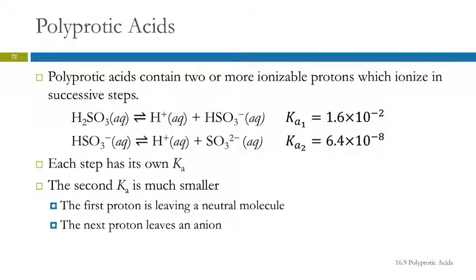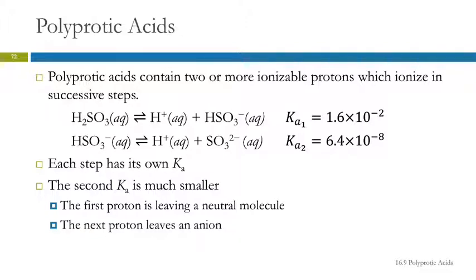Small. And then removing the second hydrogen ion has a Ka of 6.8 times 10 to the minus 8, which is much, much smaller. So each proton that's removed has its own acid dissociation constant, its own Ka.